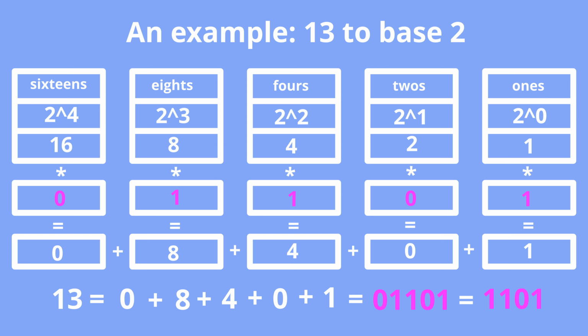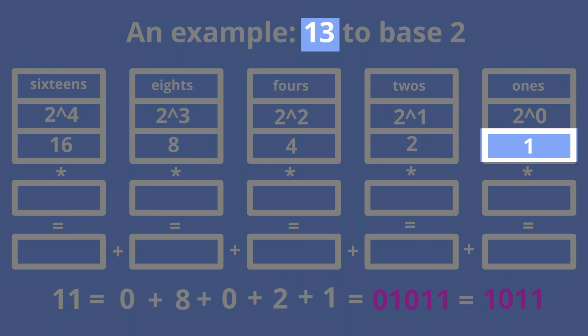To find out this, we need to start from the extreme right position and move to the left, comparing weights with the target number until the weight will be greater than the target number, and then return one step to the right. So in our case, we compare 13 and 1, 13 and 2, 13 and 4, 13 and 8, 13 and 16. 16 is greater, and we return one step to the right.